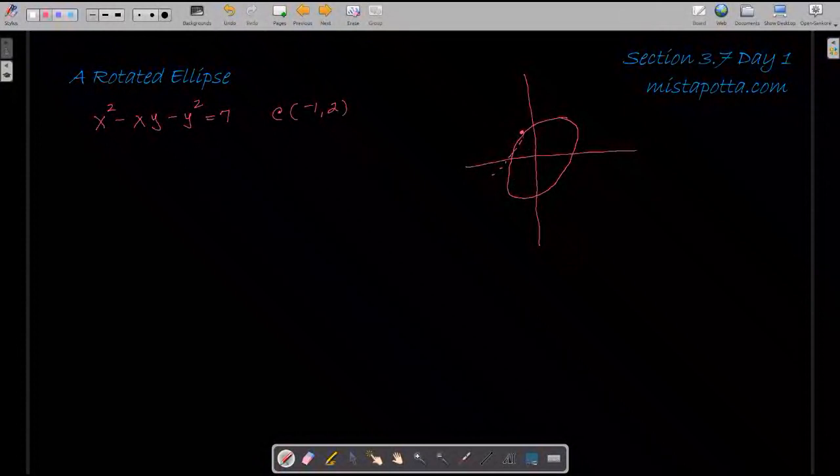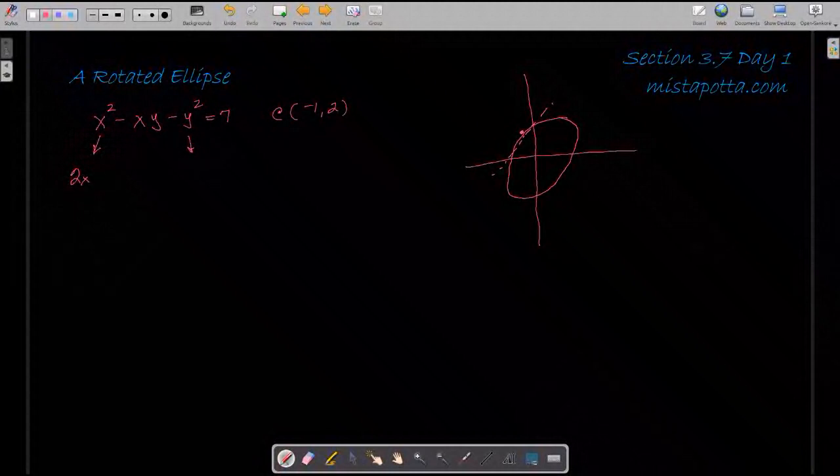Now, graphically, I should have a positive tangent slope. So I want to take a look at my slope of the tangent line. As a matter of fact, I want to write an equation for this tangent line. So I'm going to take the derivative of each of these terms. If I take the derivative of x squared, I end up with 2x.